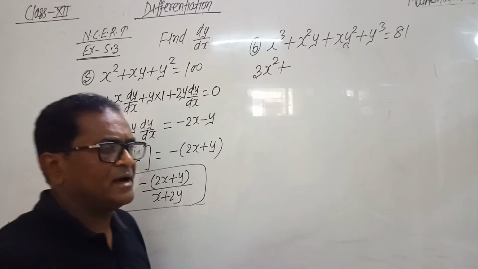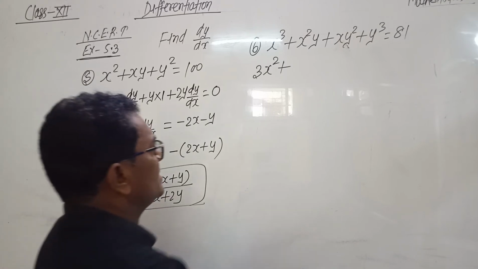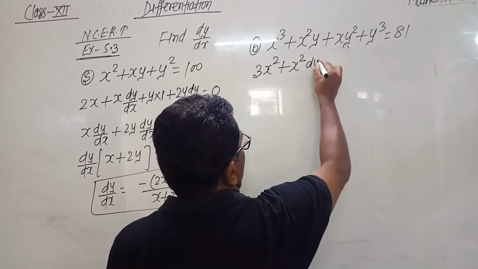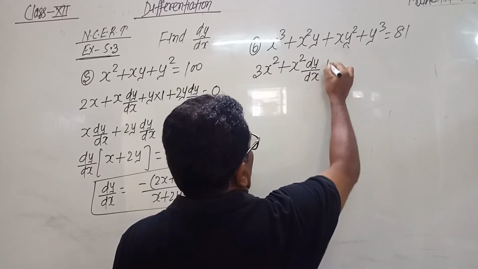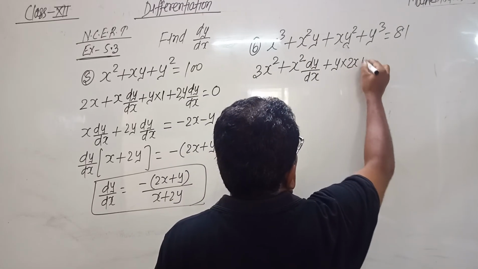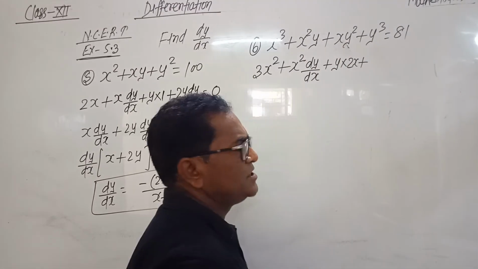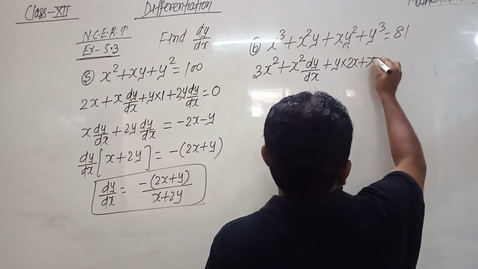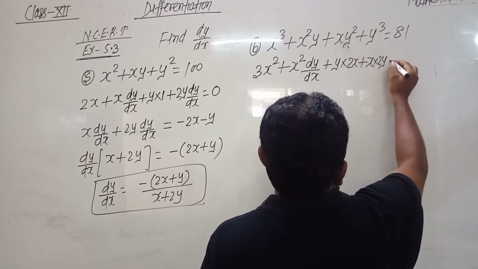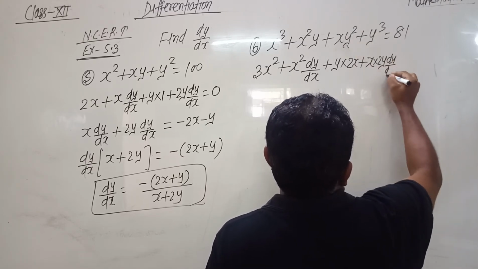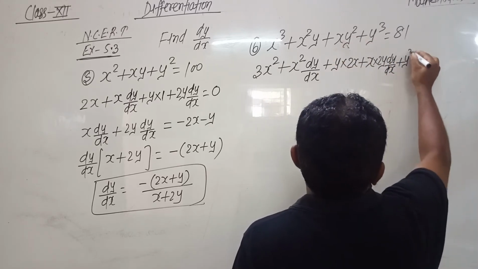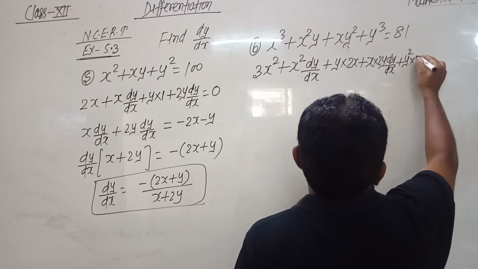The next term will be differentiated on the form u into v. So u means x square as it is, and the differentiation of y comes to be dy by dx, plus y as it is, the differentiation of x square is 2x. Again this will be differentiated on u into v. So x as it is, the differentiation of y square is 2y, dropping the square, the differentiation of y is dy by dx, plus y square as it is, and the differentiation of x comes to be 1.